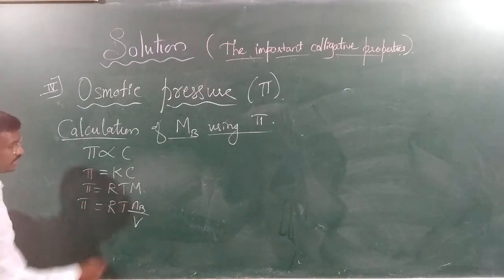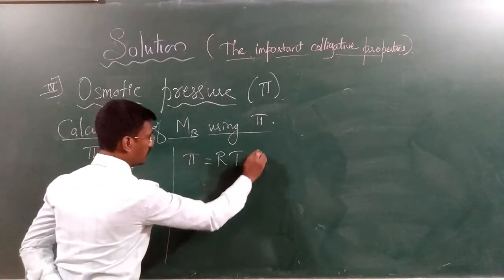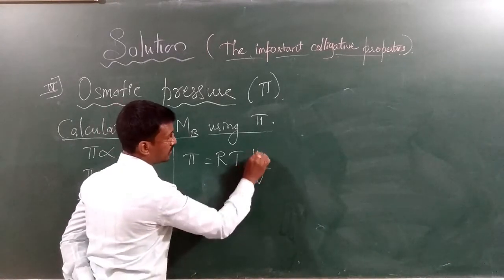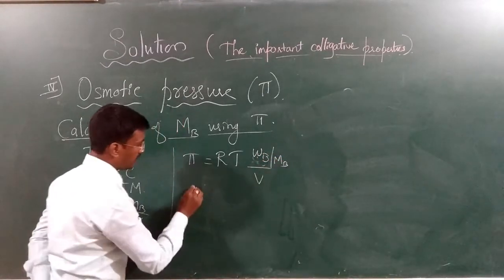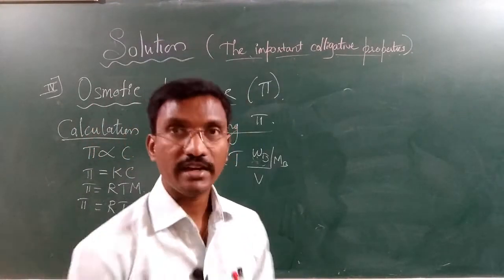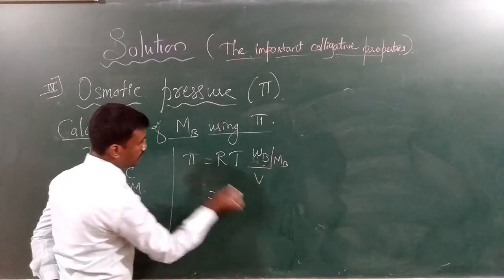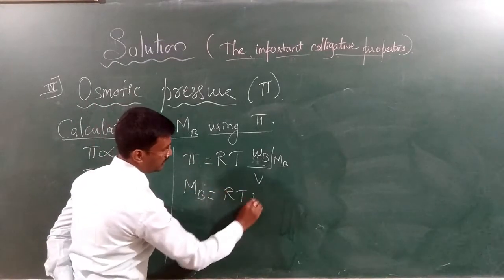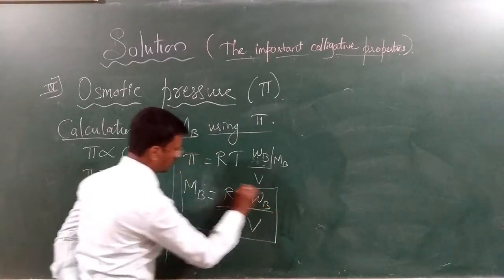Therefore, pi is equal to R into T into nB divided by V. Whereas nB is nothing but WB divided by MB. Therefore, MB is equal to R T WB divided by pi into V. This is the final expression.